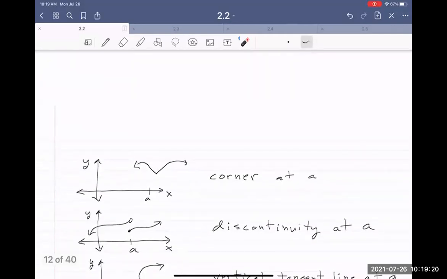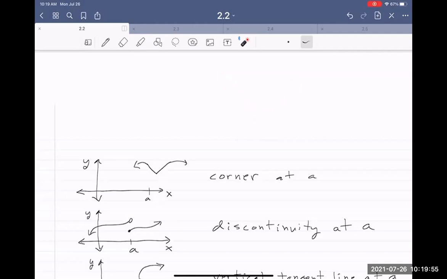Next, I could have some sort of corner, like what I had from before when I took the absolute value. Here I have this sort of corner where the tangent line looks like two differing lines. If you look near x equals a, on one side it looks like a line, but on the other side it looks like a different line. As you keep getting closer to this point, it does not look like a line; it looks like a corner.